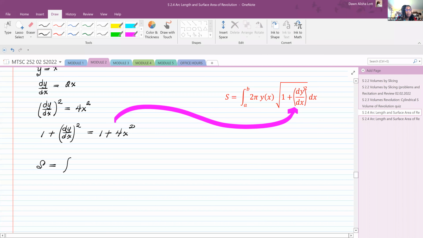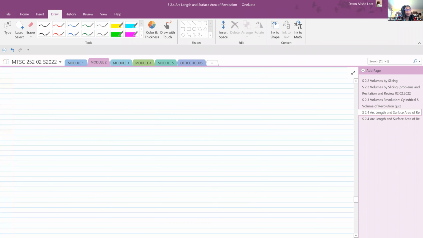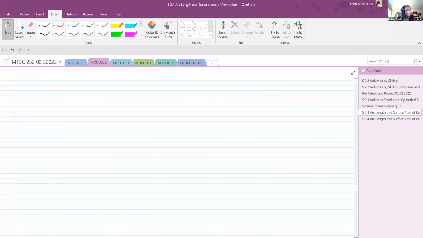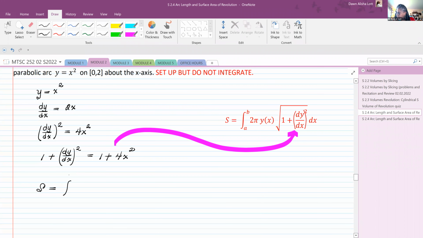They wanted me to be on the interval 0 to 2. 2 pi y, x squared, the square root of 1 plus dy/dx squared. Well, that's 1 plus 4x squared. And then the only thing left is to do dx. And put a period there, because it says set up but do not integrate, and I'm done.